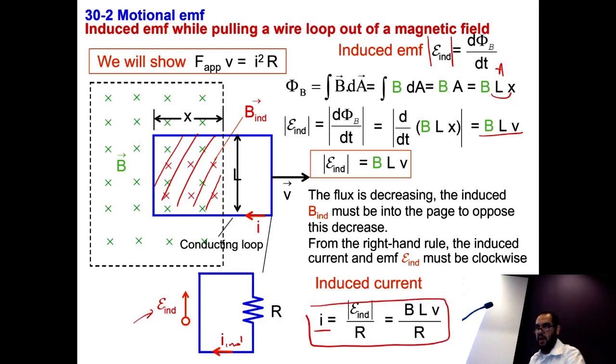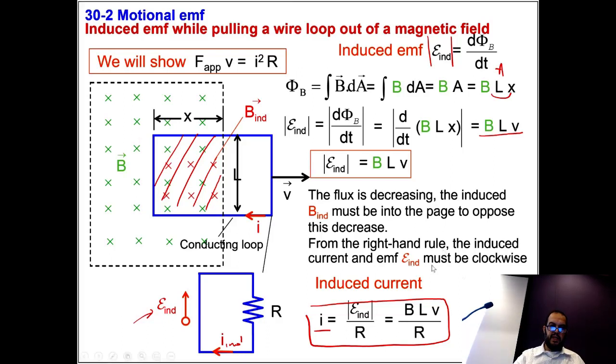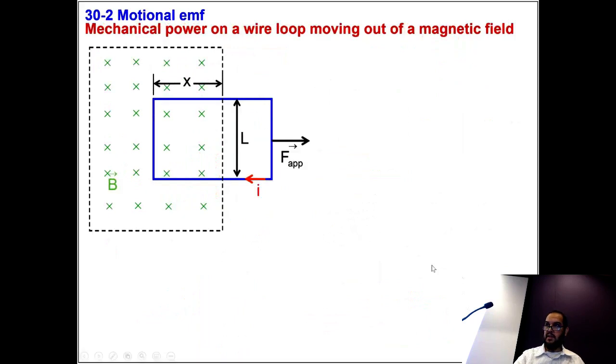The magnitude of the induced EMF is BLv, and the induced current is BLv divided by the resistance of this loop, so it's BLv over R. I used the absolute value so that I don't keep carrying the sign, because the induced EMF is minus BLv from the previous derivation.